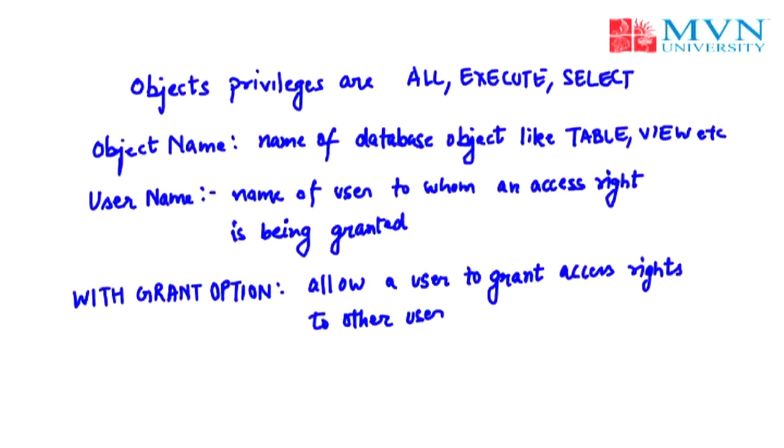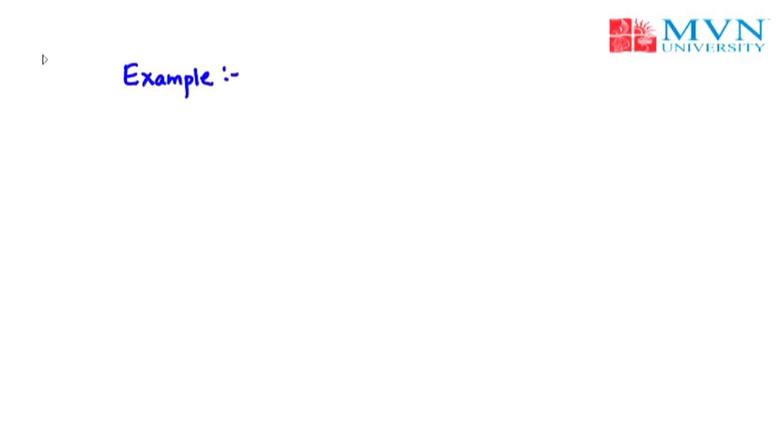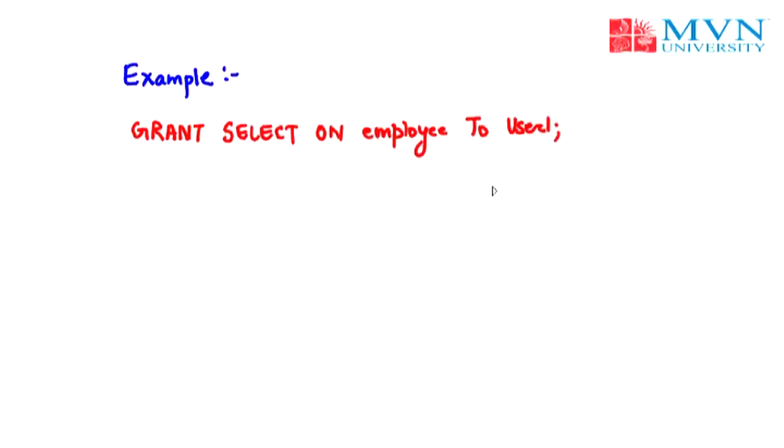Let me explain you this grant command with the help of an example. If we write a command like grant select on employee to user 1, this command grants a select permission on employee table to user 1.